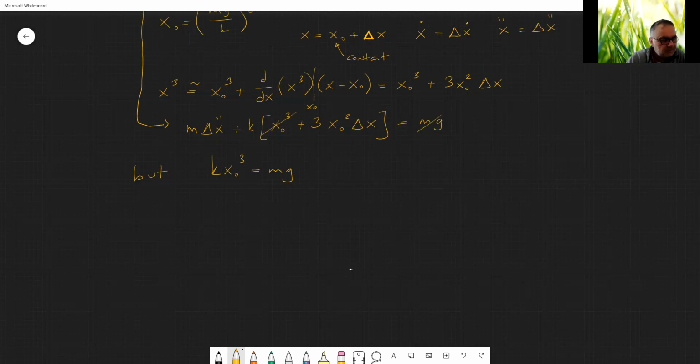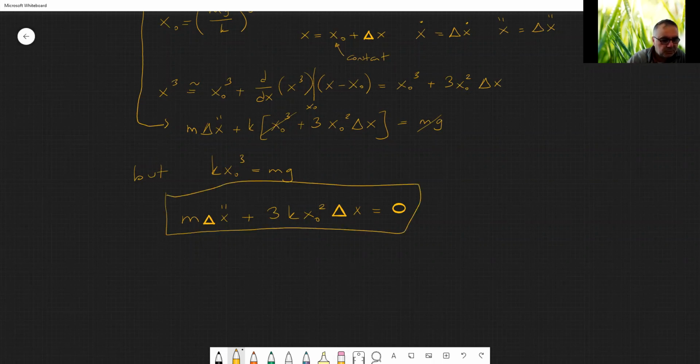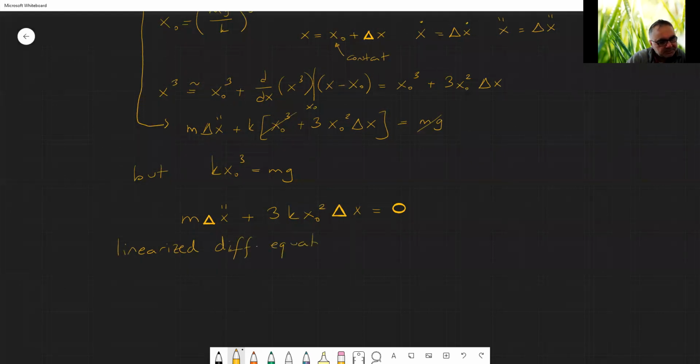So what we are left with is delta x double dot plus 3k x naught squared delta x equals 0. So this is the poor drawing. So this is the linearized differential equation.